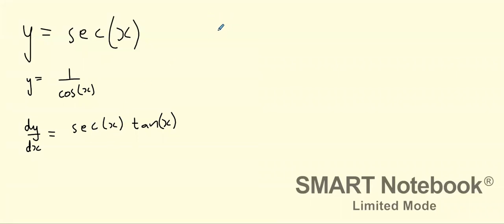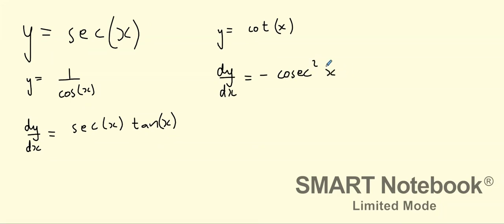If I now look at y equals, we've done sec, we've done cosec, we've done tan. y equals cot x, dy by dx equals minus cosec squared x.